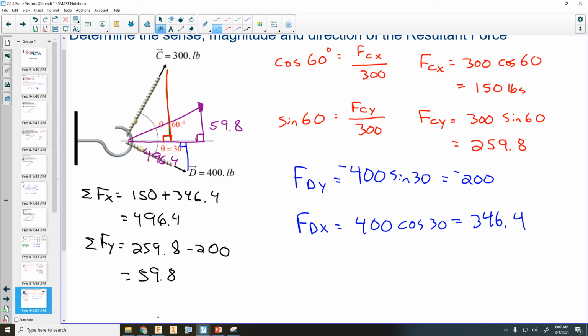Okay. So to get the resultant magnitude, how are we going to find the hypotenuse? How do you get the hypotenuse of a right triangle? Pythagorean theorem.